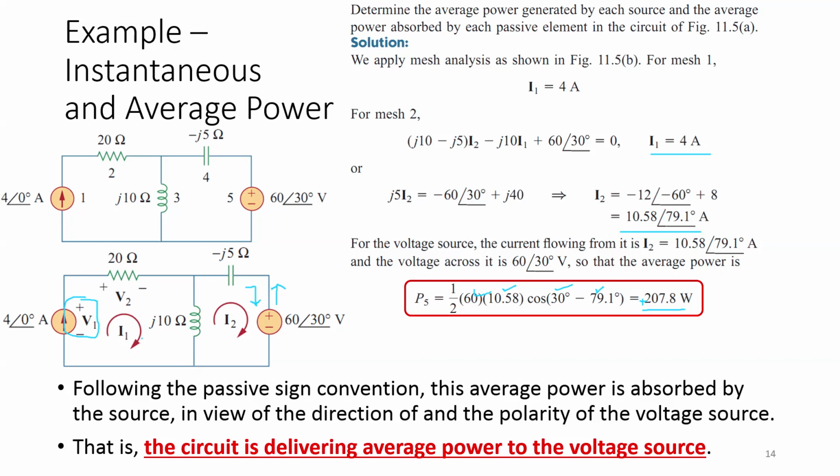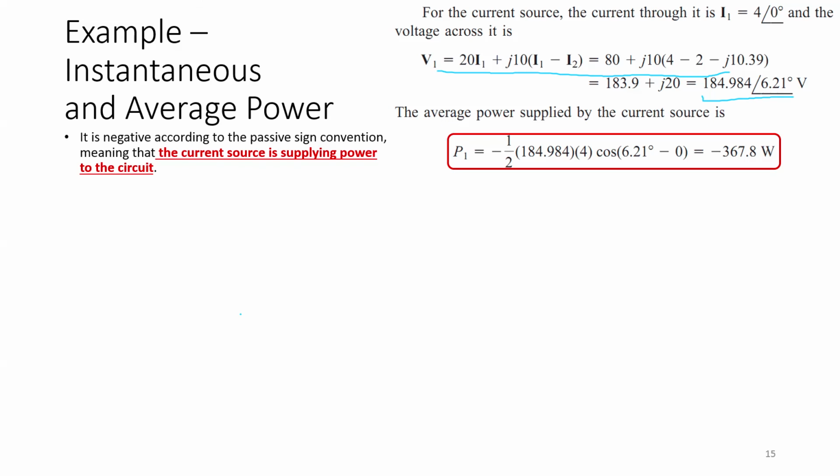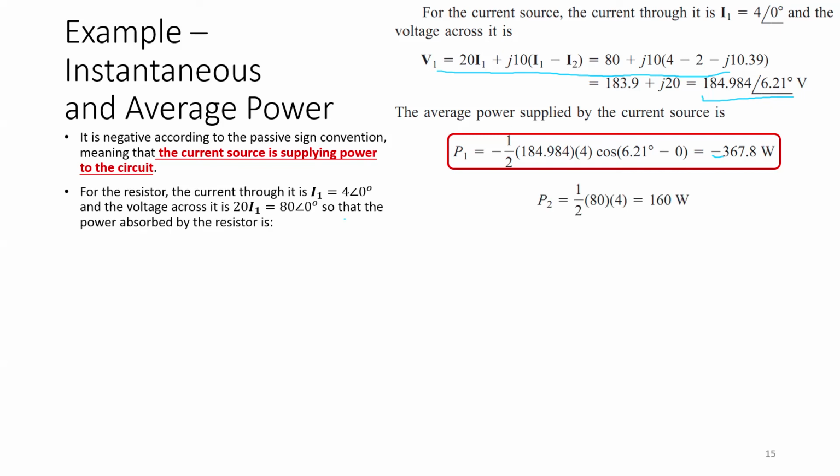So this means that this current source is actually energizing the rest of the circuit. This is supplying power to the rest of the circuit. Therefore, this negative sign is also indicative of the fact that the current source is supplying power to the circuit.